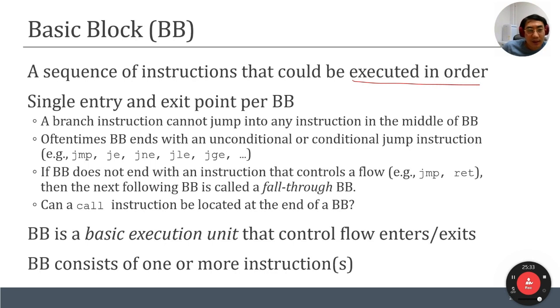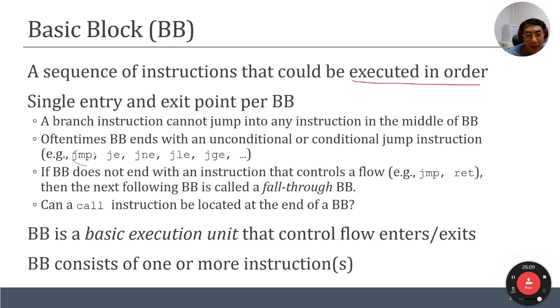So a branch instruction like a jump instruction cannot jump into any instruction in the middle of a basic block. It always guarantees that your jump instruction jumps into the entry point, executes the instructions inside the basic block in order, and then you can exit to the exit point.